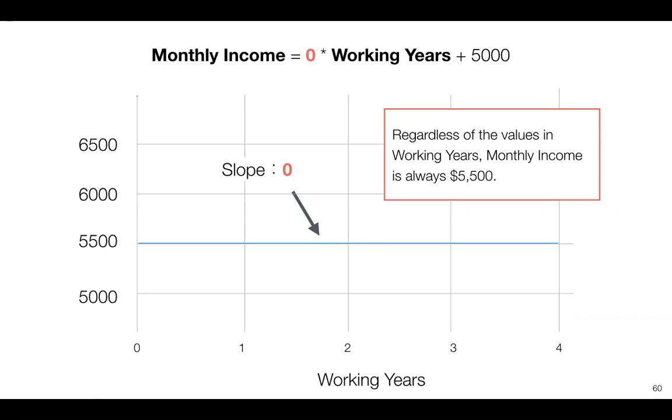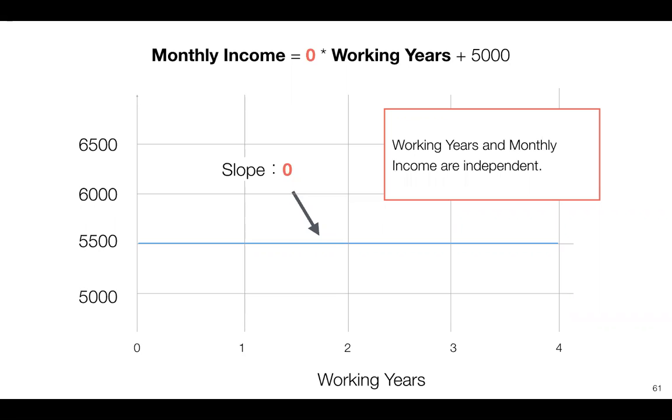This slope of zero means we can say working years and monthly income are independent. They don't have any effect on each other. So the values in both variables can vary, but they don't go in the same way, or they don't have any relationship in terms of the direction or amount of the change.